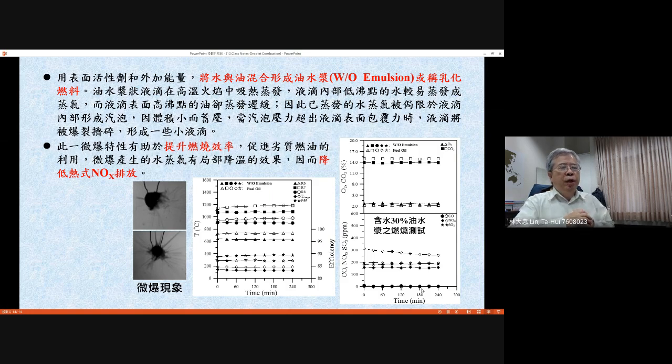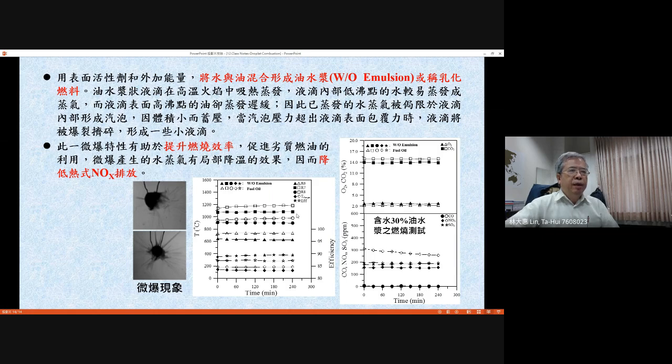If you use the regular fuel oil compared with the fuel oil with a certain amount of water oil emulsion, we try to run the experiments with the same conditions, and to see the comparison between the combustion characteristics and also the emissions for these two kinds of fuel.